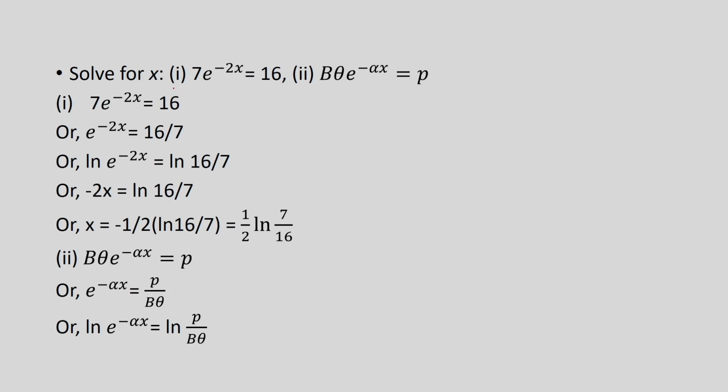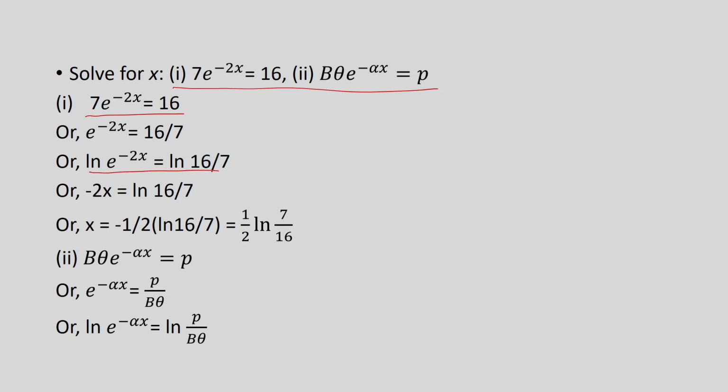Now, suppose we have to solve for x for these two problems, and the first problem is this: 7 multiplied by e to the power minus 2x is equal to 16. Okay. So, from this I divide both sides by 7, I get e to the power minus 2x is equal to 16 divided by 7, and then I take the natural logarithm of both sides.